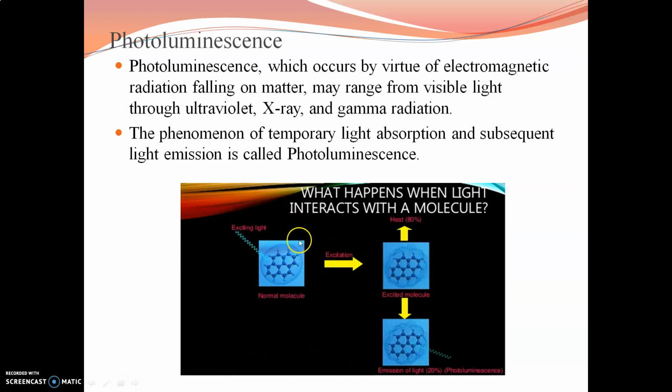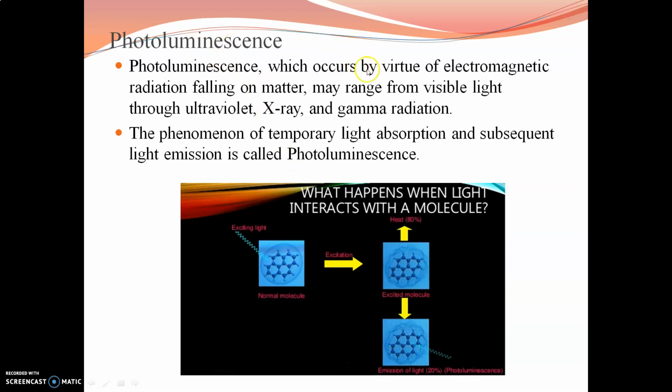When a light is absorbed by a molecule, the electrons in them go from the ground state to the excited state. Some energy is absorbed, and when they go to their normal state, they give some light or some photons. These photons of energy make the things glow.